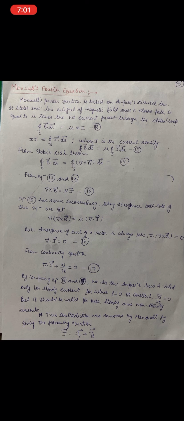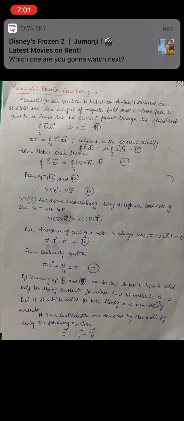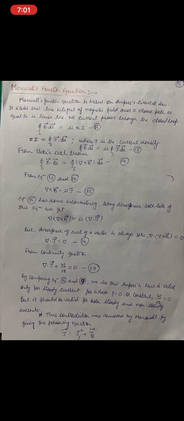If we compare equation numbers 16 and 17, we see that Ampere's law is valid only for steady currents, means for which del rho by del t is equal to 0.